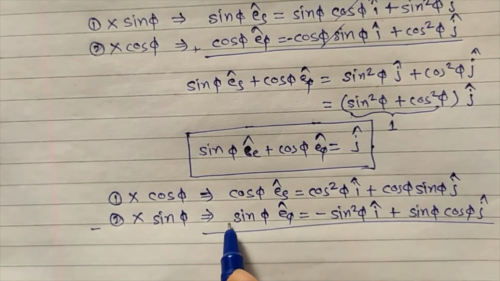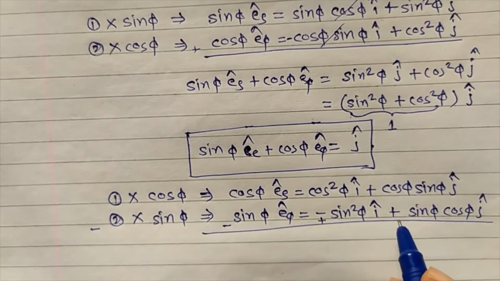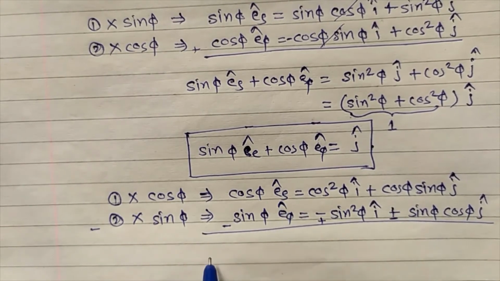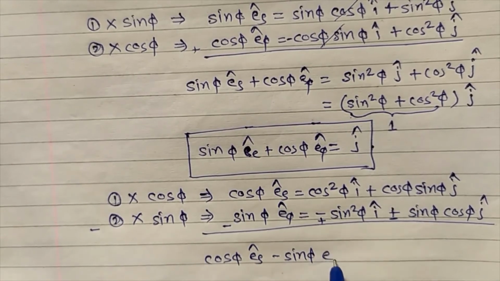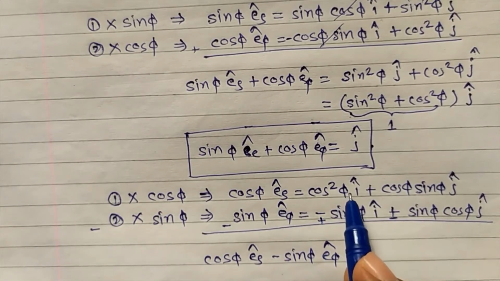So this will be subtraction, negative. Now this negative will become positive, this positive will become negative, and it will become like this: cos of phi e rho cap minus sin of phi e phi cap is equal to, so here you can see cos square phi.